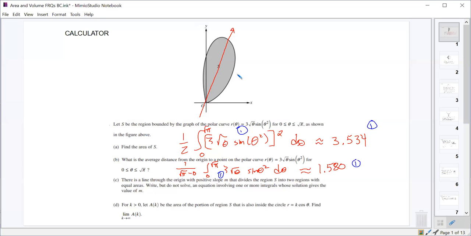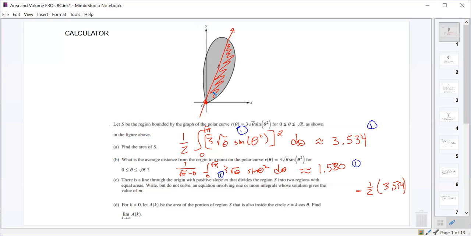So one side of our equal sign should probably be equal to 1/2 of 3.534. But the other half of it, we're going to have to figure out. We're going to have to figure out how to write an integral that represents the area from here to here. So just this section.